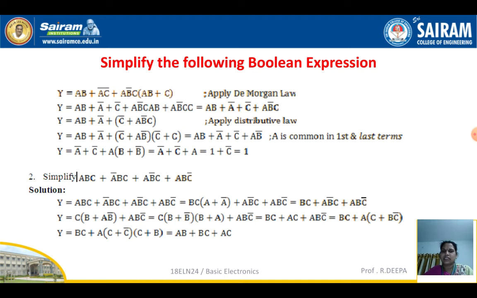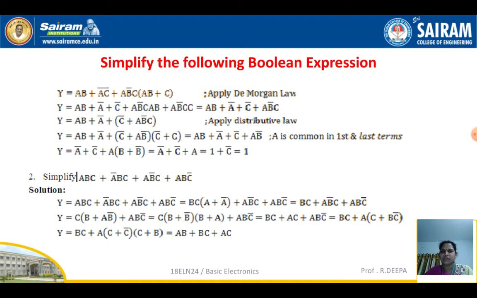So now let us apply the distributive law for the last term. You can split it as ab plus a bar plus c bar plus ab bar into (c bar plus c), and then take a as common in the first and the last terms. Finally we get a bar plus c bar plus a into (b plus b bar).